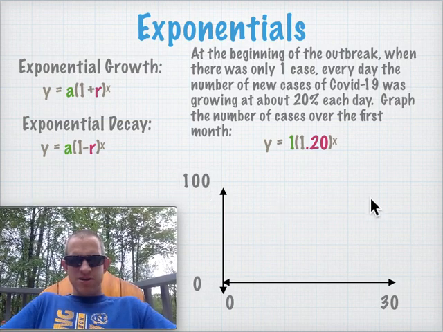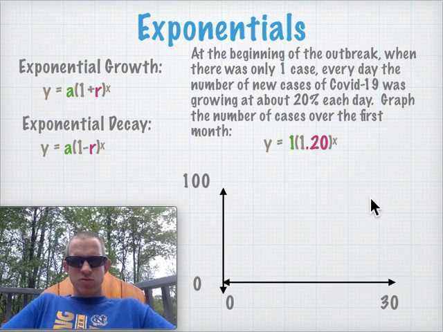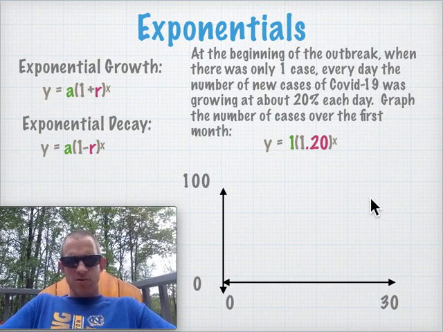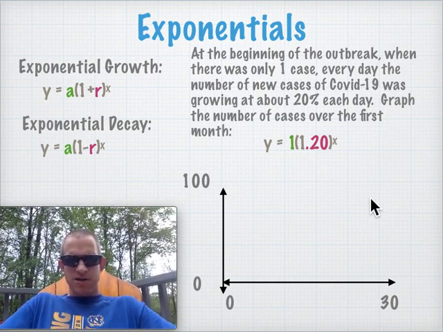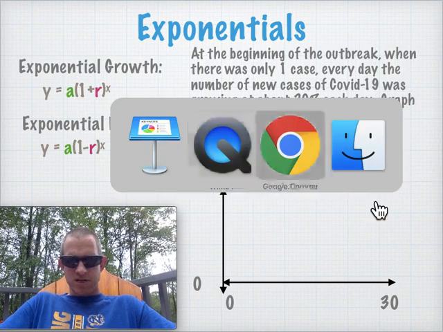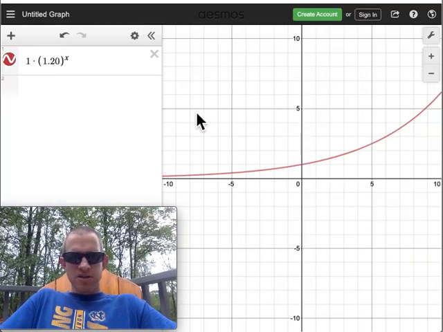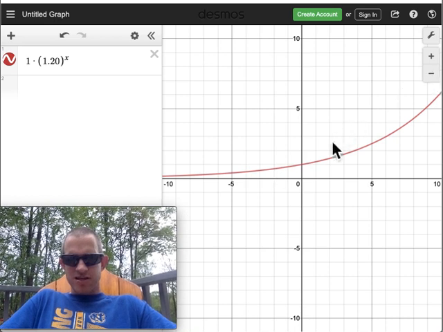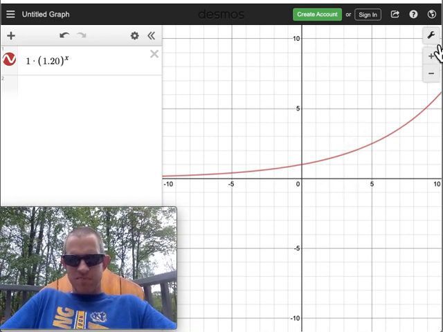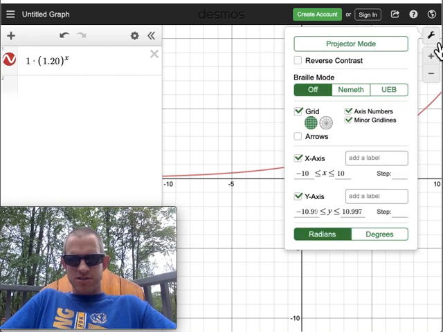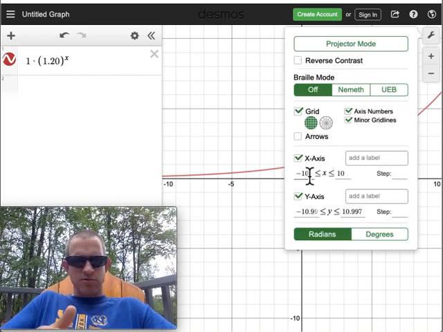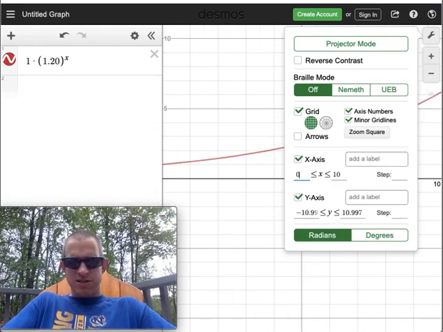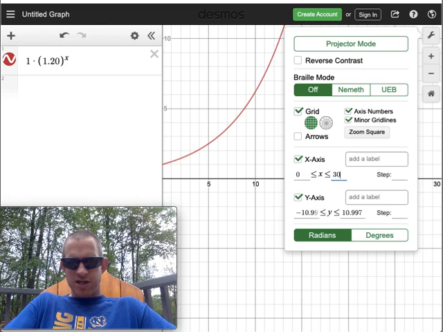And for these graphs, you really need some sort of a tool, like a graphing calculator or Desmos. So I'm going to hop on Desmos in a moment and make this graph. So I've already typed it in here, and this is kind of the initial settings that show up in Desmos. I'm going to adjust the settings to include the x min and max and scale that we had thought about. And so the x-axis, I said we would start at 0 days and go to 30 days.